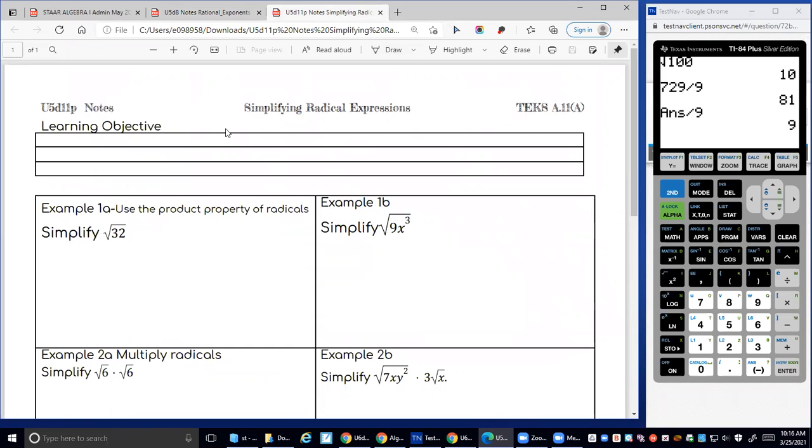We're going to look at this one right here. And this one is just simplifying radical expressions. I mean, the title pretty much is what we're going to do. We will simplify expressions with radicals, I guess.